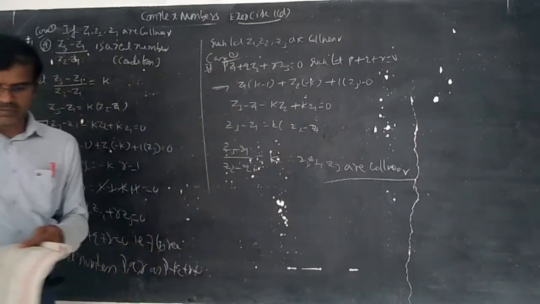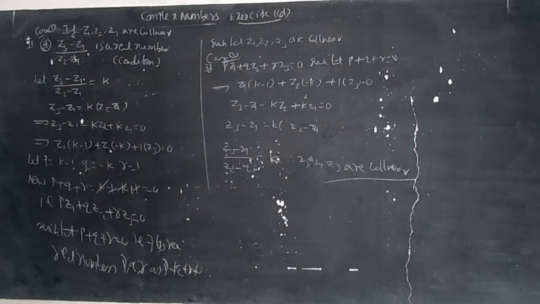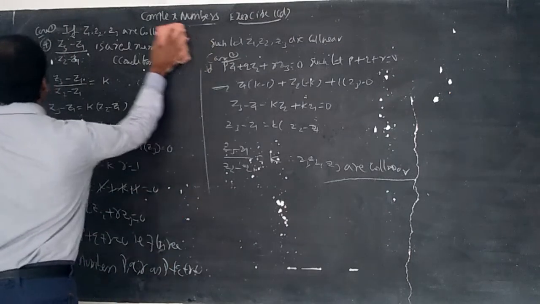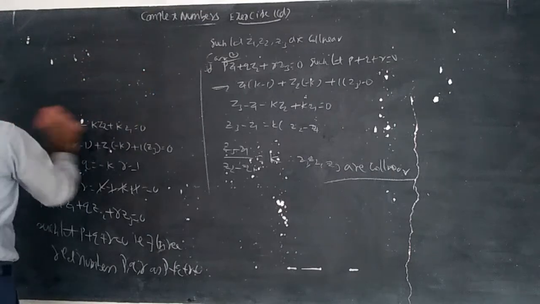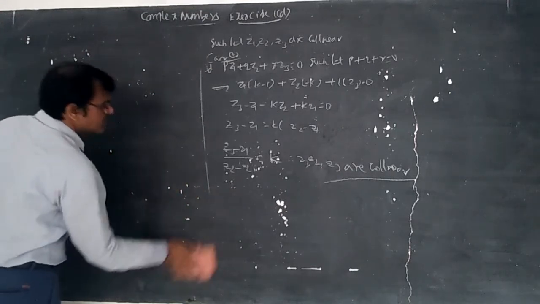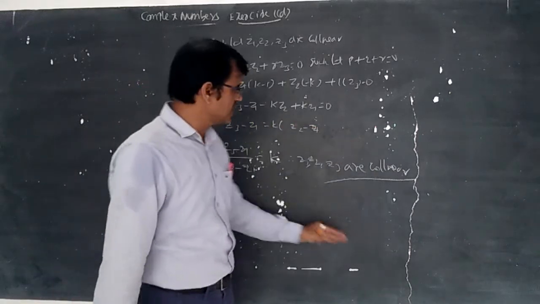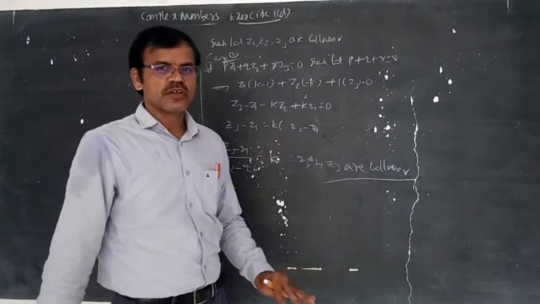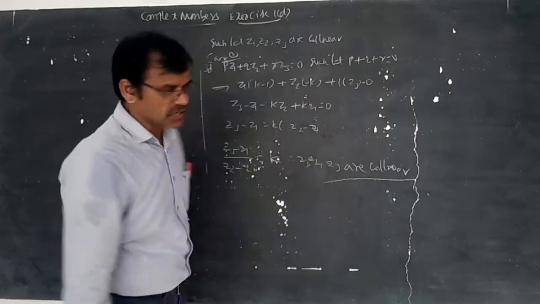Now let us discuss the first question. If Z3 minus Z1 by Z2 minus Z1 is a real number, then the points we should consider they are collinear. So by taking the Argand diagram, by taking the first question as a condition, we have proved the fourth question, but we need to prove the first question itself.